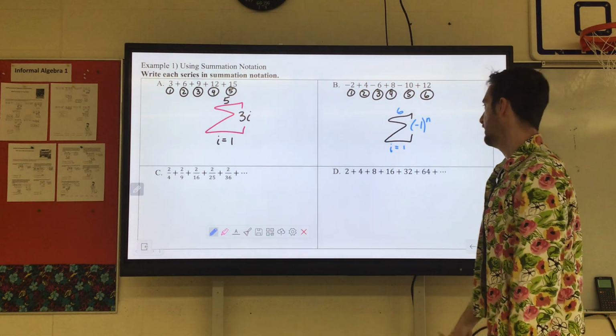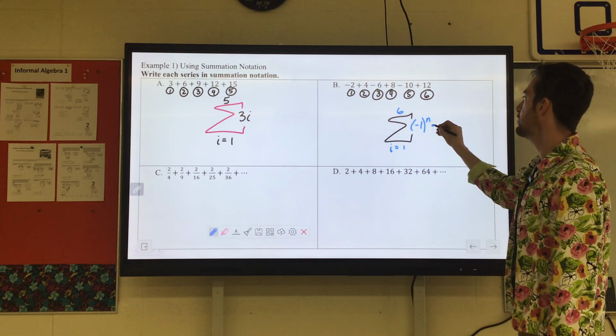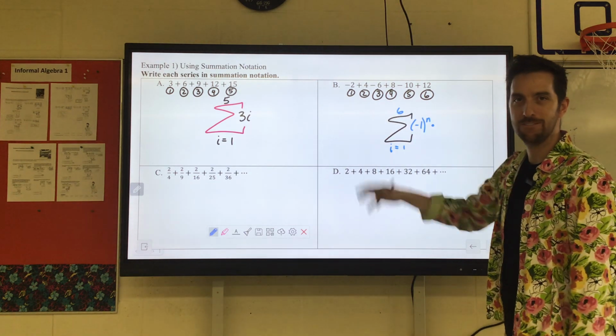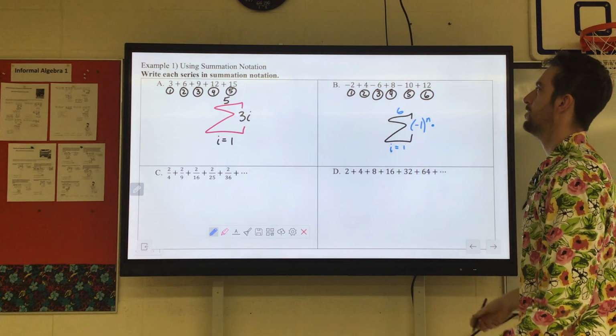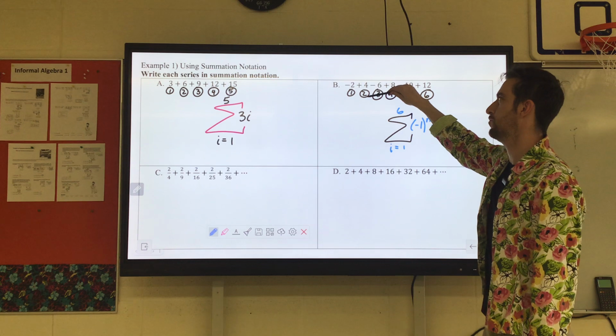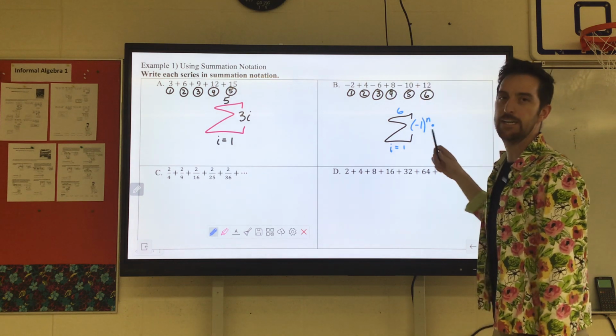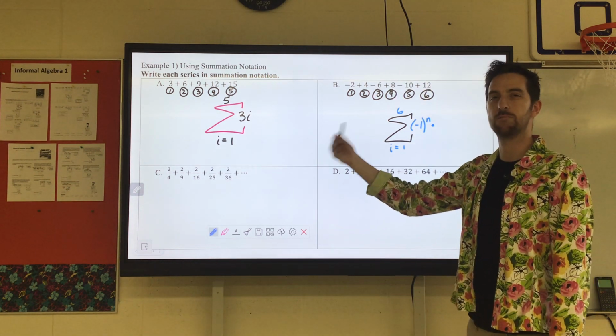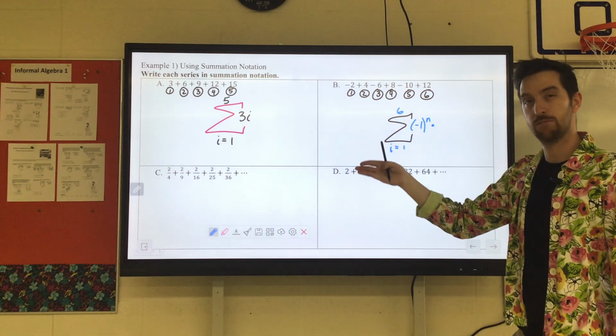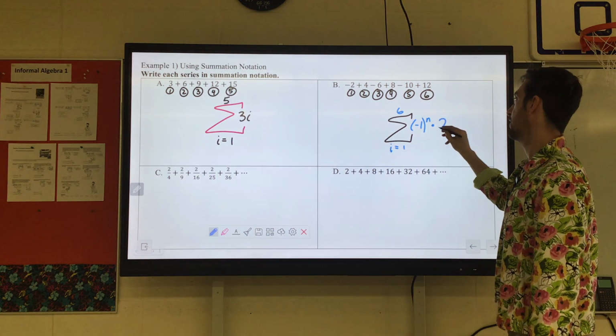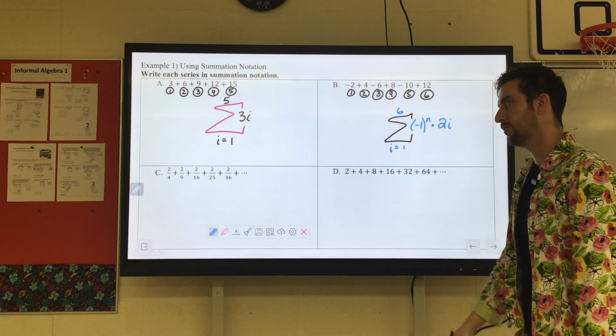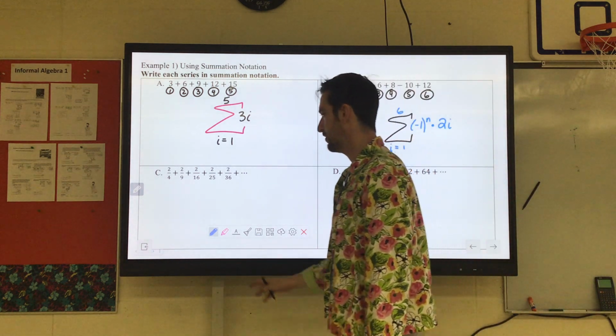It's such a pain. But all right, times, and that handles the positive negative thing. Now we can just look at the numbers. What's the relation between 1 and 2, 2 and 4, 3 and 6, 4 and 8? It's always just the term number times 2. So I times 2 is 2I. There it is, folks.